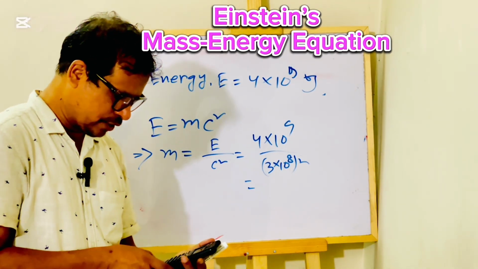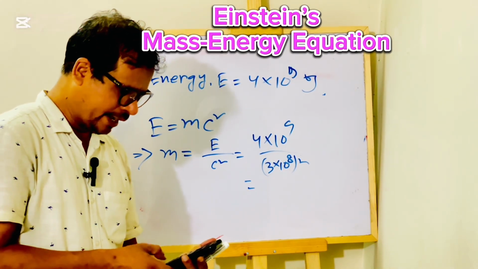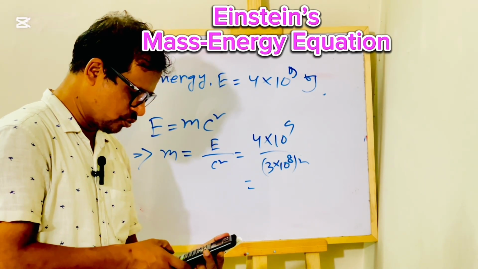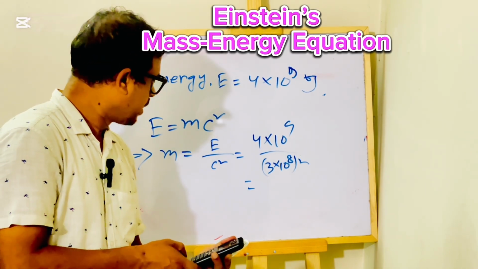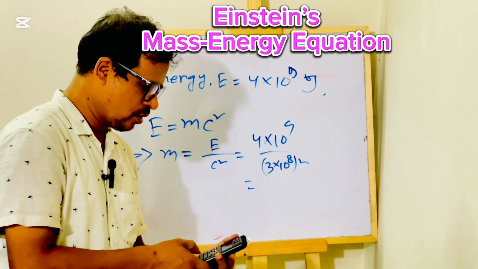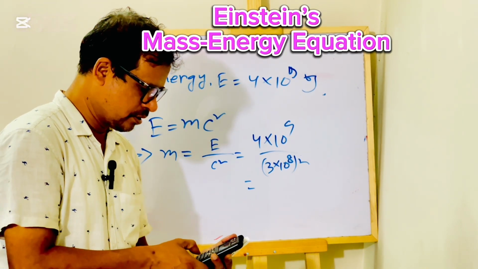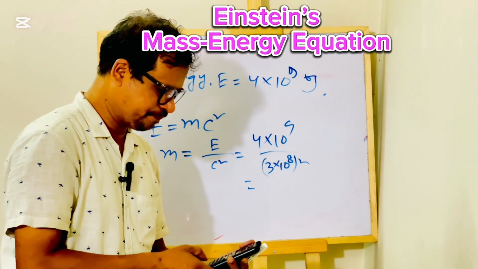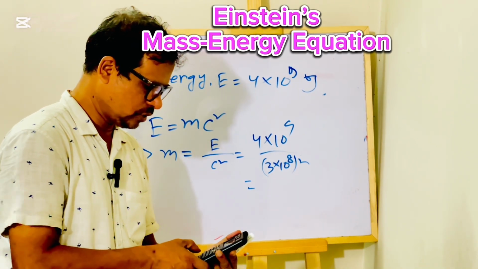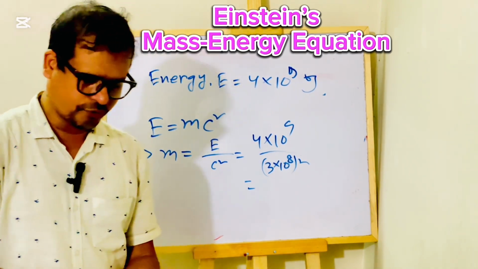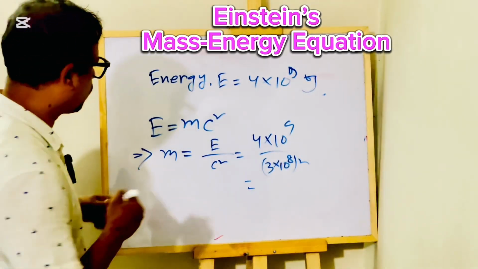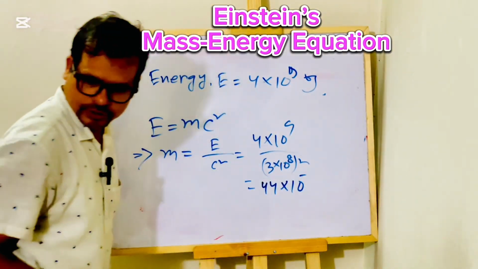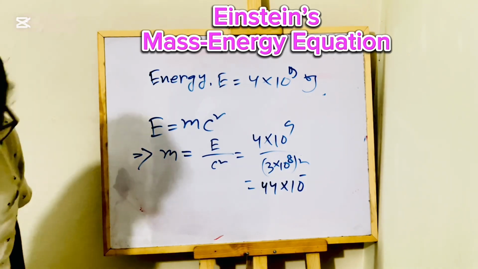4 into 10 to the power 9 over bracket 3 into 10 to the power 8 bracket squared. The result becomes 44.44 into 10 to the power minus 9.